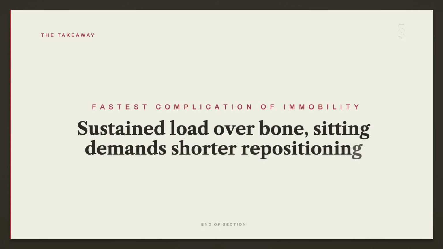Among immobility complications, skin breakdown develops fastest, often within hours, which is why sustained sitting or lying without repositioning signals the greatest risk. Remember, seated clients need repositioning more frequently than clients in bed, because their loading is more concentrated.